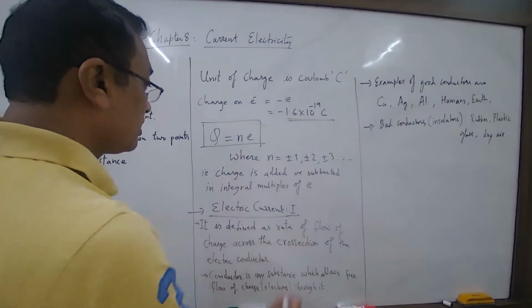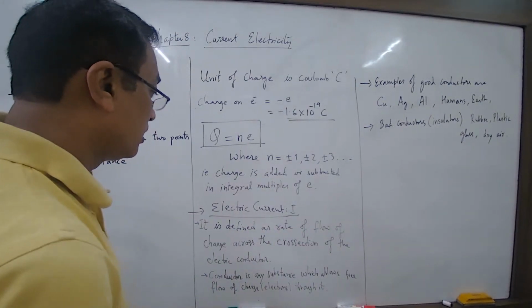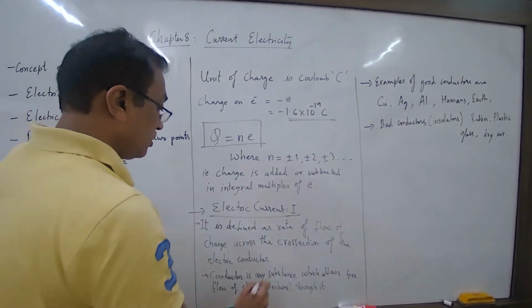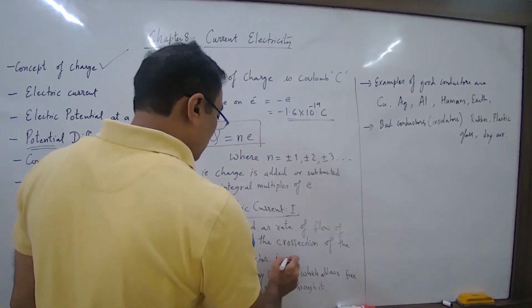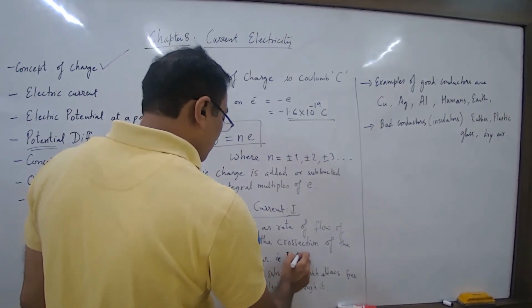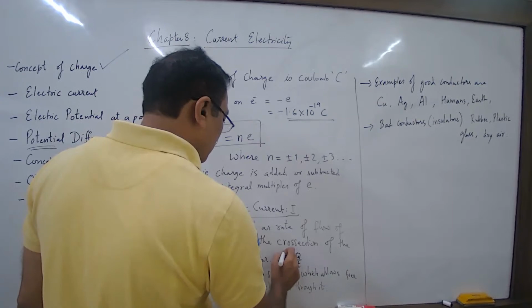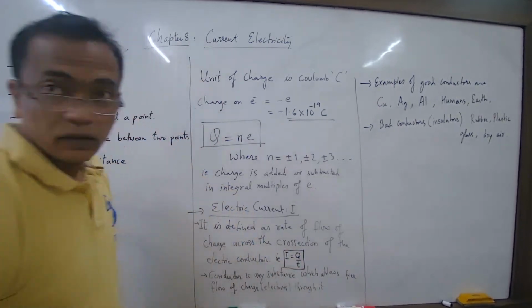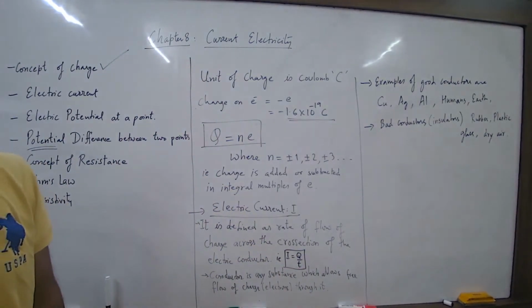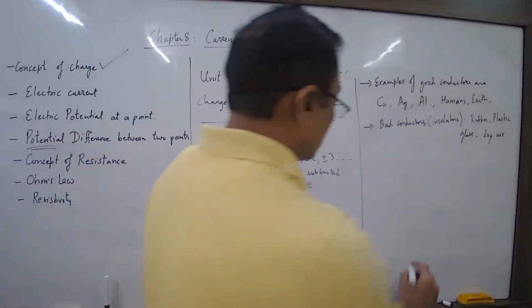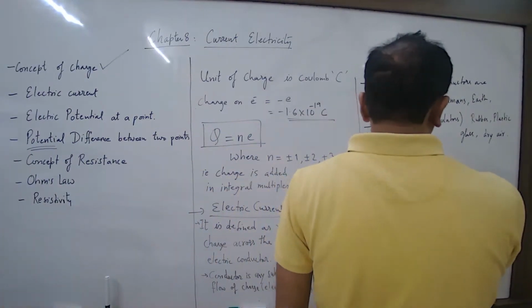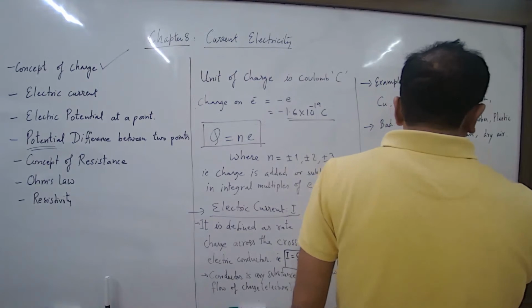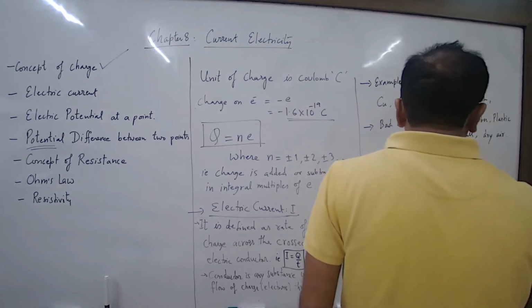So it is defined as rate of flow of charge across the cross section of the conductor. So what is the formula? That is I is equal to Q by T. Rate of flow of charge, meaning how much charge is flown across the conductor. So suppose this is the conductor, right? This is the cross section.